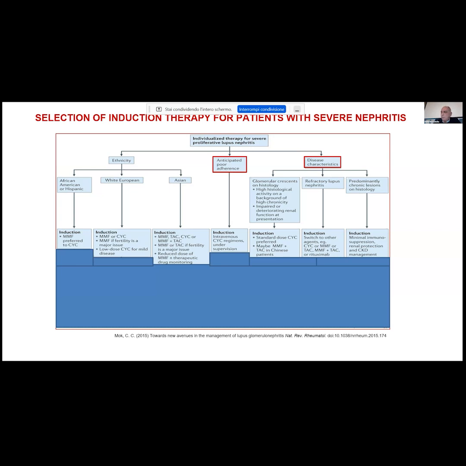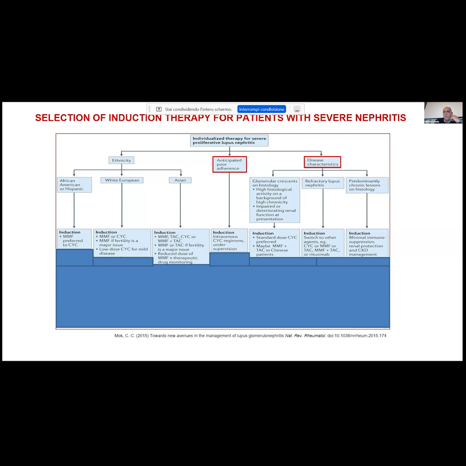What is also to be specifically addressed is that if there is an anticipated poor adherence by the patient, the induction of treatment should be given with cyclophosphamide regimen by intravenous pathway, while according to different disease characteristics, for instance, the presence of glomerular crescents or refractory lupus nephritis or predominantly chronic lesions, a different type of therapy should be suggested.